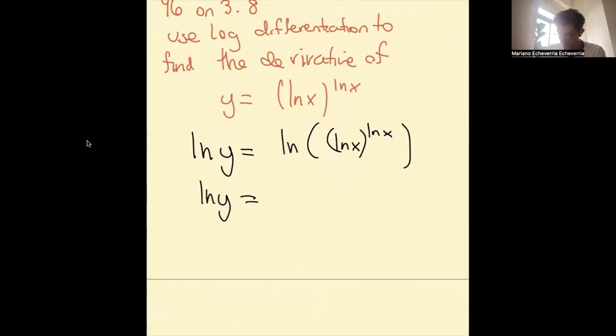I'm debating whether I need that many parentheses in this expression. Let me just put this ln in a different color.